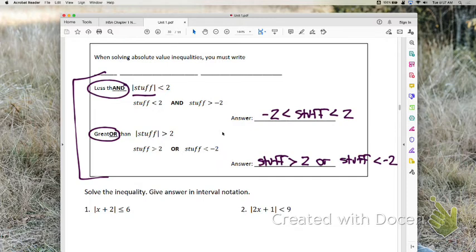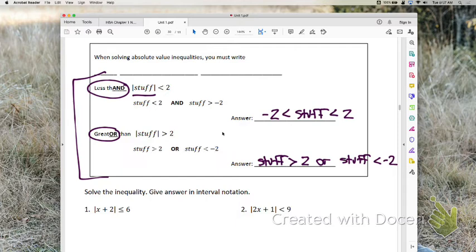The union is where we use the U in between 2 sets of answers with the interval notation. We did that on example 3 on the previous page, where with the or, we had 2 sections to our answer. So we wrote -infinity up to -4, and then a U is the union. And then we wrote -3 up to infinity for our answer.